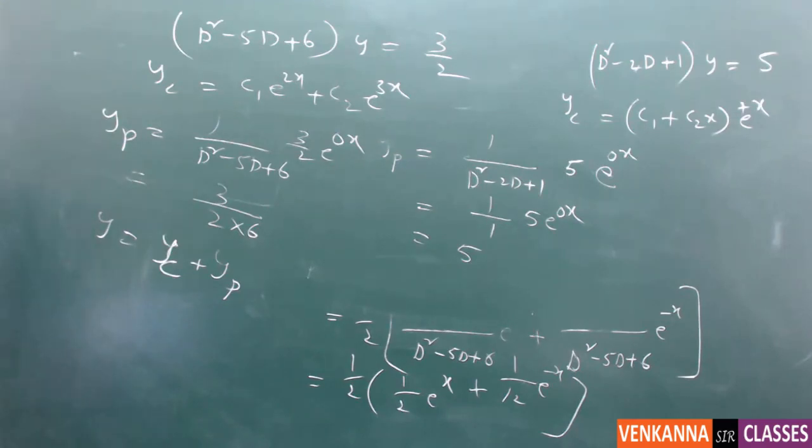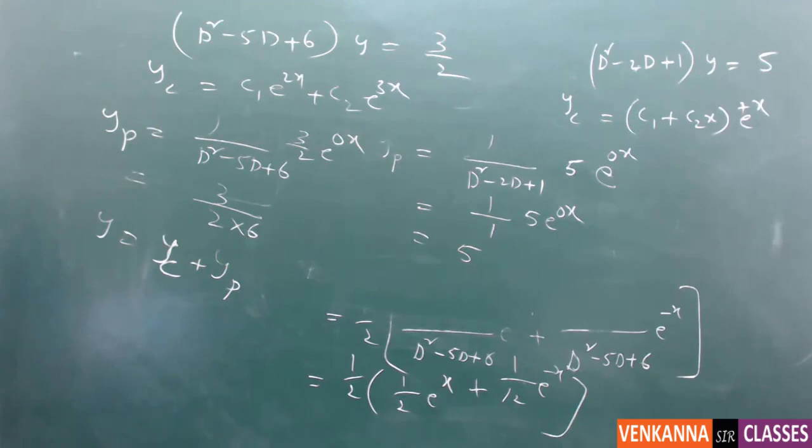So we have done the part where the right hand side function contains only e power x. Here it contains 4 modules. One, the roots are distinct. Second, we have repeated roots.